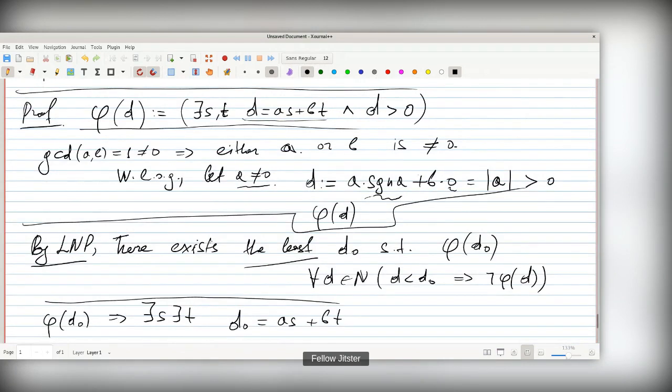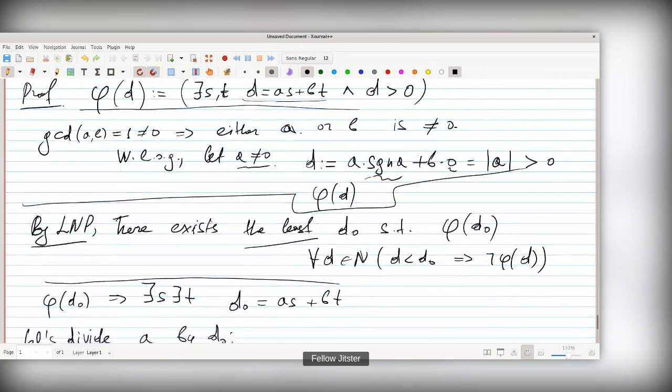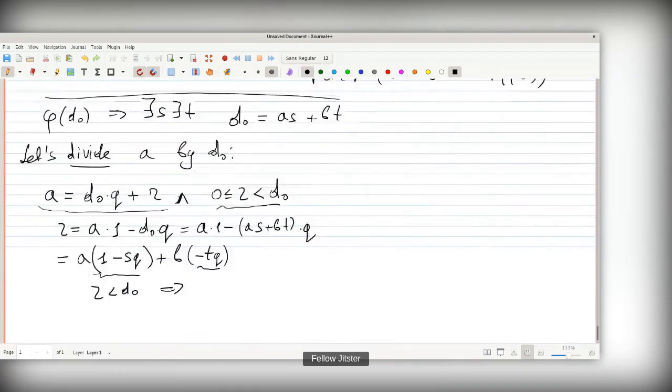Hence, R does not satisfy phi, by the choice of D0. For D0 was the least natural number with this property. R is natural, but it cannot satisfy phi.